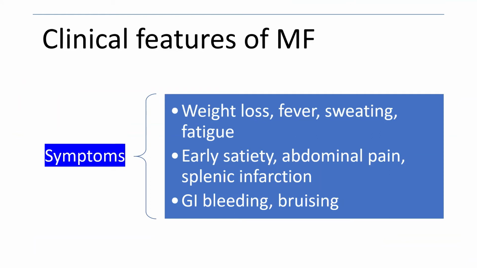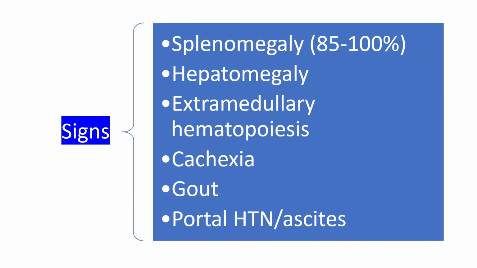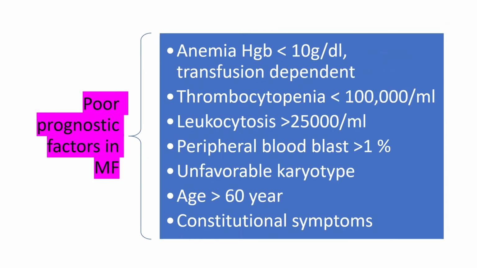The clinical features, the symptoms, include non-specific B symptoms, weight loss, fever, sweating, fatigue, early satiety, abdominal pain, splenic infarction due to extramedullary hematopoiesis and huge spleen, and GI bleeding and bruising due to thrombocytopenia. Splenomegaly occurs in 85 to 100% of patients, and others would have hepatomegaly, extramedullary hematopoiesis, cachexia, gout, portal hypertension, and ascites.